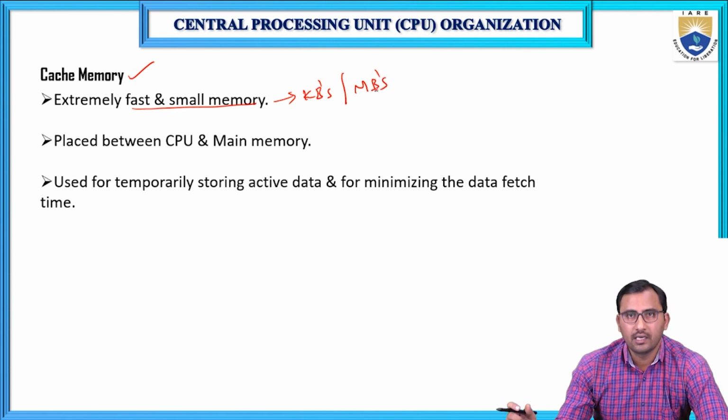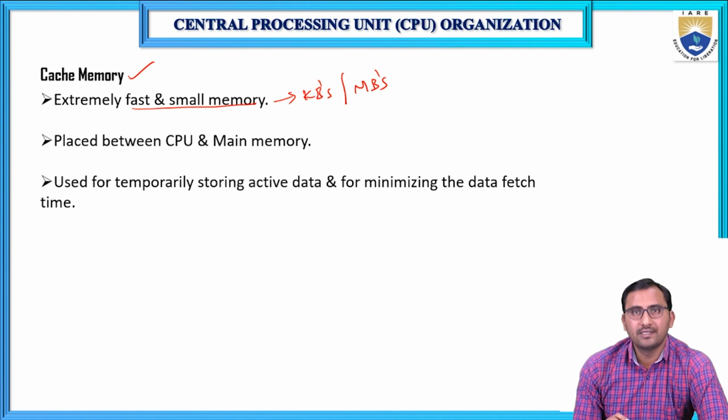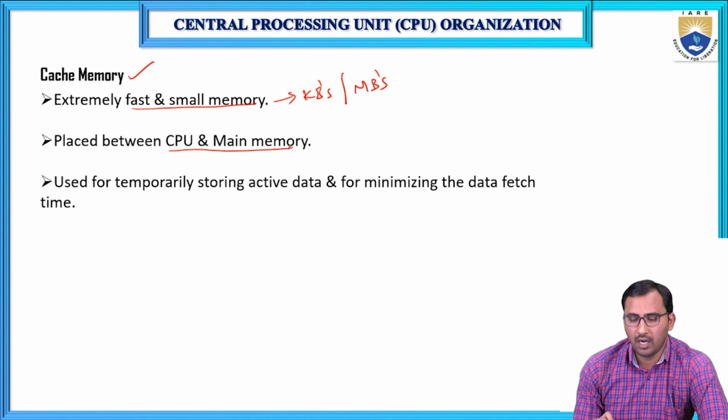So it has very little capacity, but it is faster. We place this cache memory between the CPU and the main memory, because the CPU works at a faster speed, but the main memory is somewhat slower than the CPU. So there is a mismatch in speed between the CPU and the main memory.